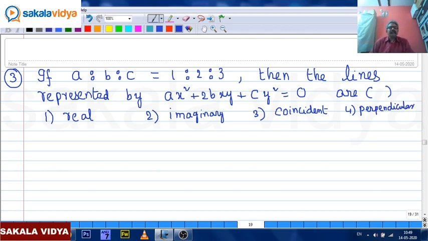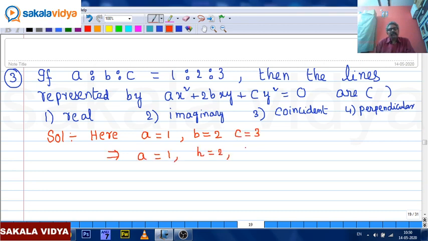Okay, let us see. So here, solution. Say a equals 1, or k also we can say, no problem. B is equal to 2, C is equal to 3. That implies a equals 1. Here h means 2, here b means 3.